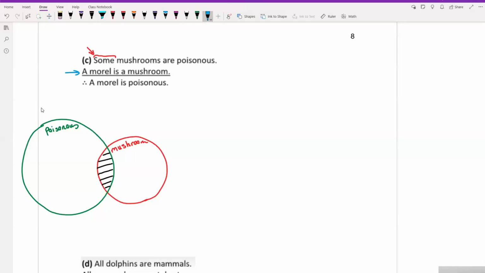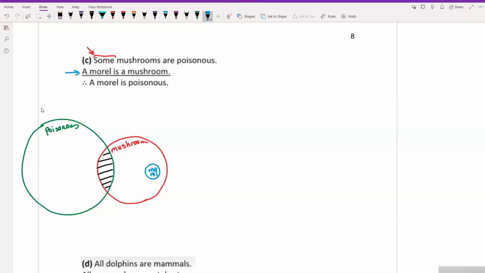Now the second part, morel is a mushroom. We have this circle for morel here inside the red part. Here it says morel is a mushroom.